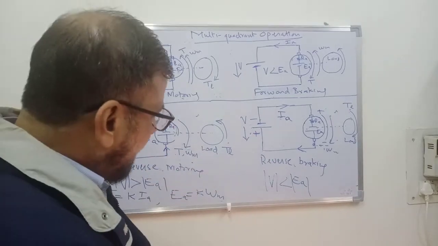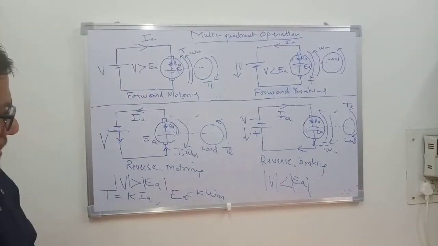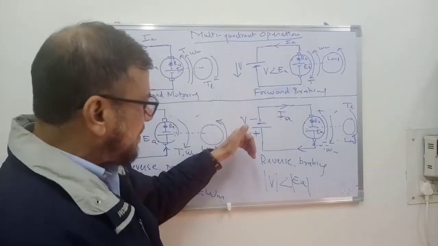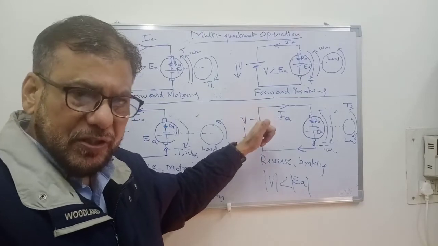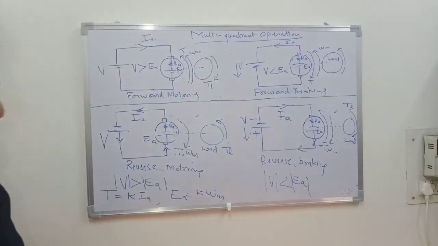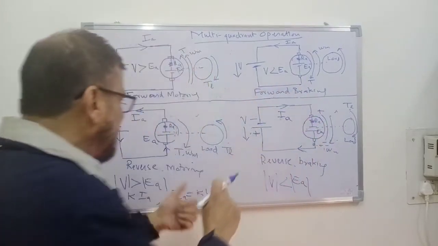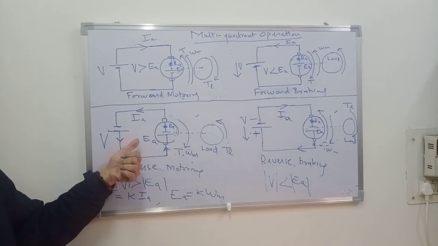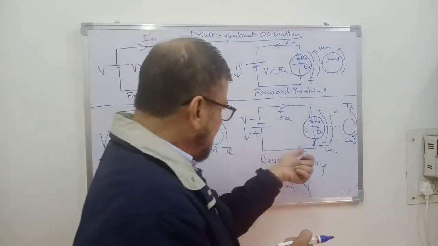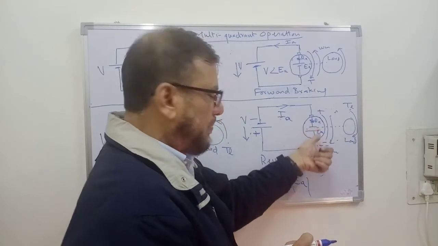Similarly, if you want to go for braking in the reverse direction, what again you have to do? You have to reduce the magnitude of the supply voltage so that V becomes less than EA. If this happens, current starts flowing in the opposite direction to what it was earlier. Now you can see here the current is released by this source, back EMF source.